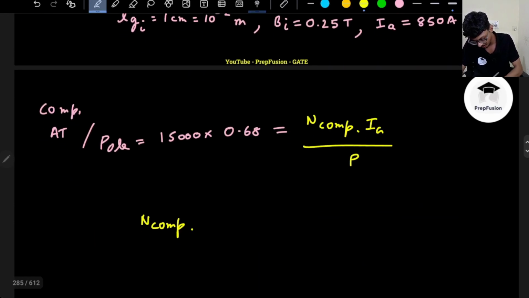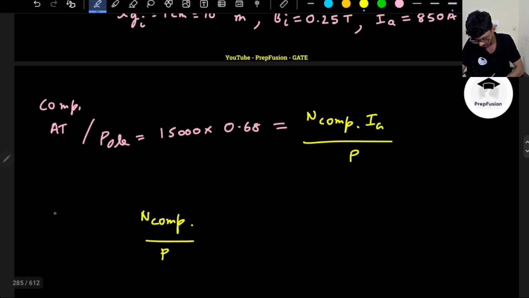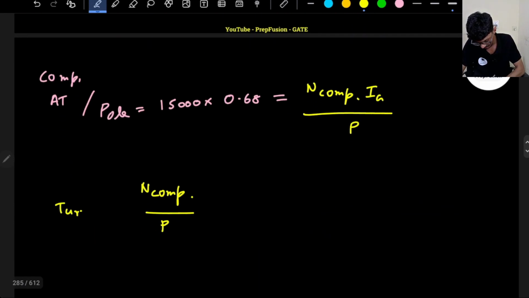So N compensating per pole will be equal to 15,000 divided by 850 into 0.68. So 15,000 divided by 850 into 0.68 comes out to be 12. So 12 turns per pole.